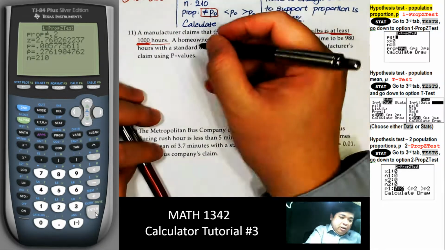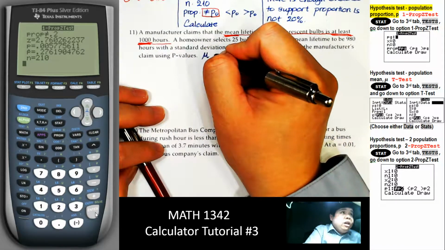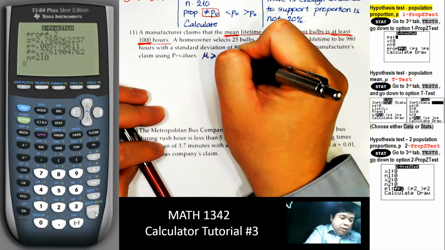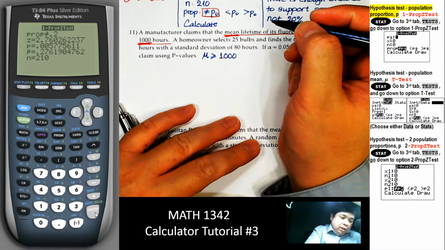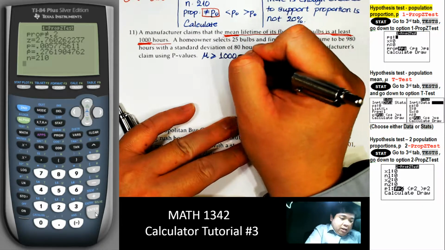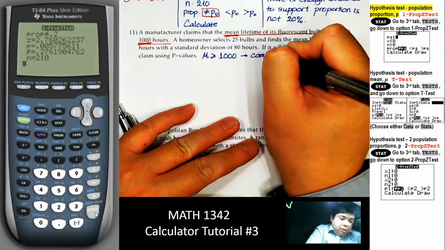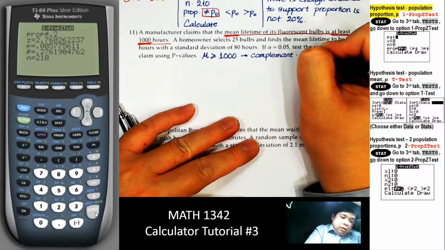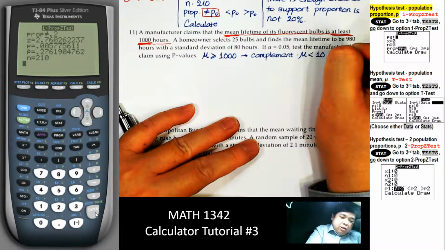So we have the mean, at least meaning greater than or equal to 1000. And if that is the case, the complement is going to be less than 1000.